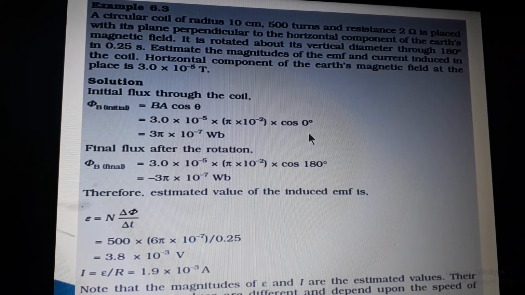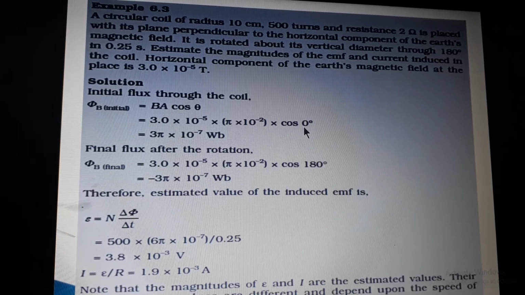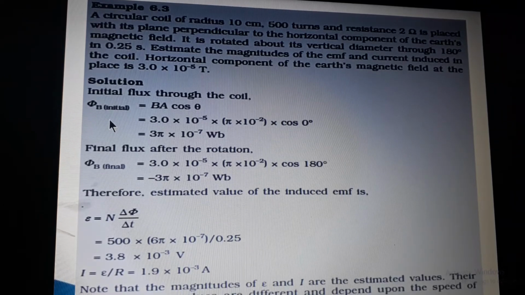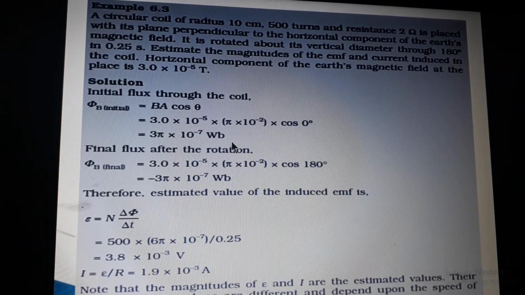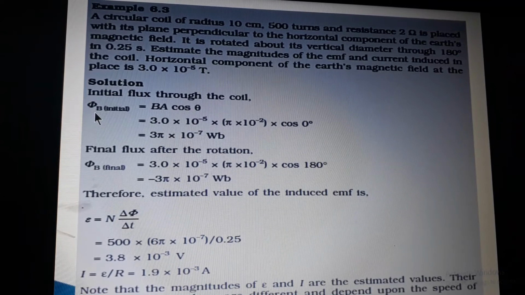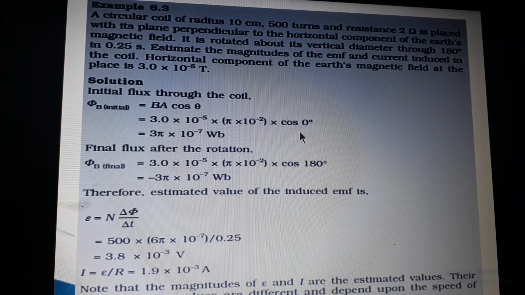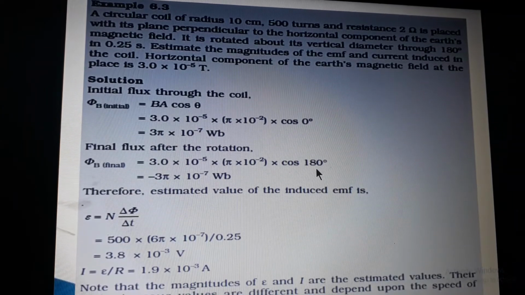Initially the theta is equal to 0 degree, and the value of cos 0 is 1, and pi is 3.14. Just calculate this and you will get 3 pi into 10 raised to minus 7 Wb. Wb means Weber, which is the unit of flux phi. Then for the final flux, only the theta value changes: initially 0 degree and now 180 degree.